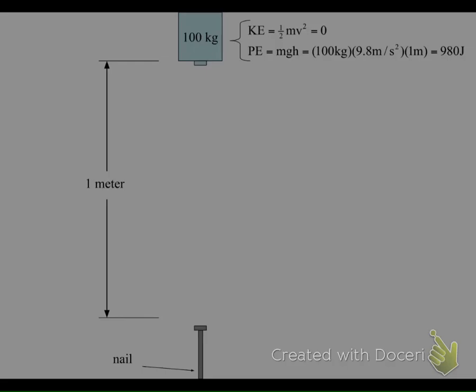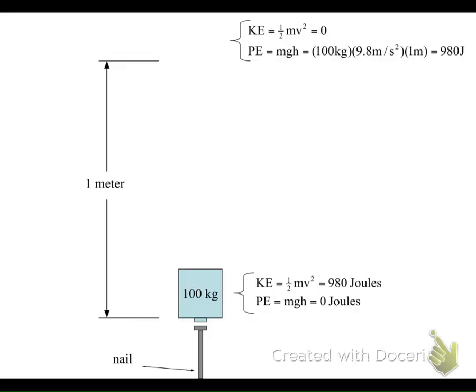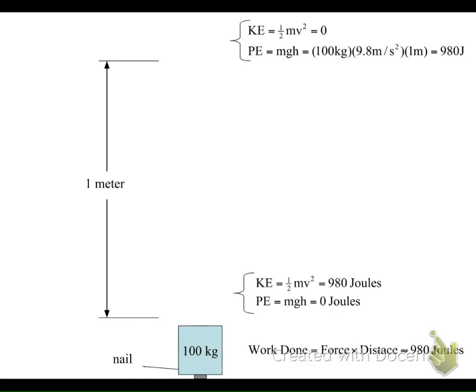I drop that down, and right before it hits the nail, it has 0 joules of potential and 980 joules of kinetic. Can it do work? When it does work, all that kinetic energy is going to go into work, and it's going to force the nail down a certain distance. Questions?